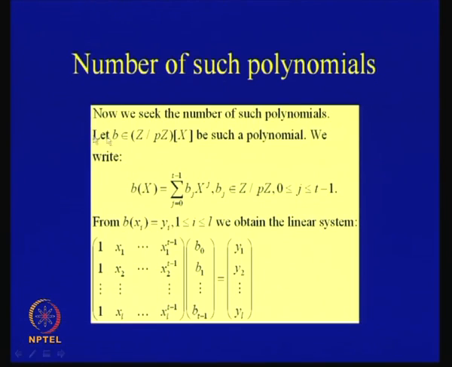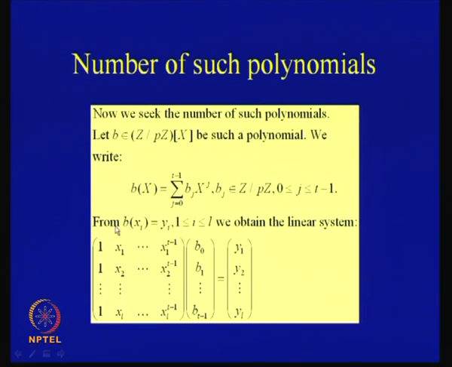Let this be one such polynomial, and we have already seen that this is its form: the sum for j equal to 0 till t minus 1 of b_j x to the power of j, where each coefficient b_j belongs to Z_p, that means it is from 0 to p minus 1, for all such j from 0 to t minus 1.